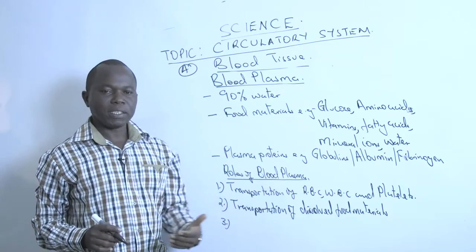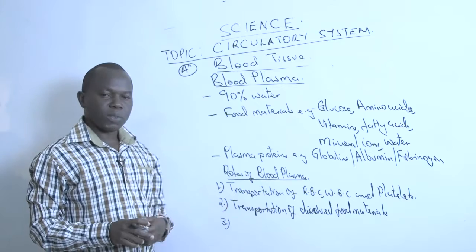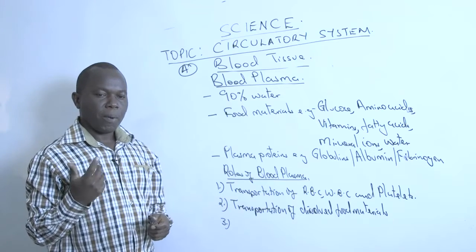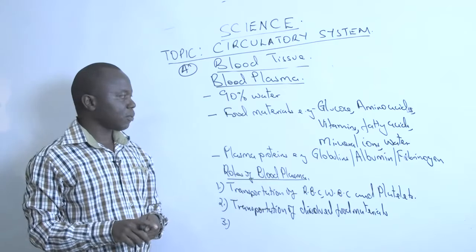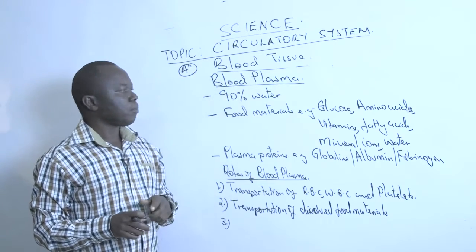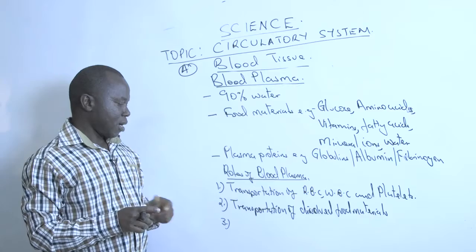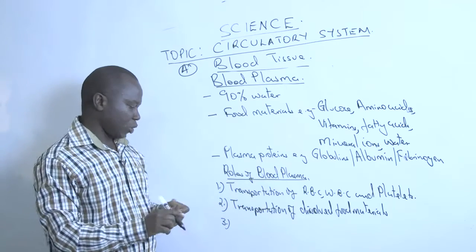But as cells and tissues carry out metabolic processes, they'll produce metabolic wastes. Those waste products will be deposited into blood plasma and transported to the sites of excretion.